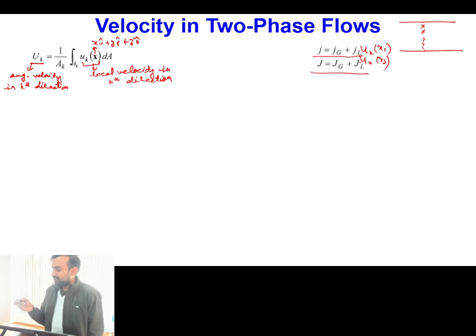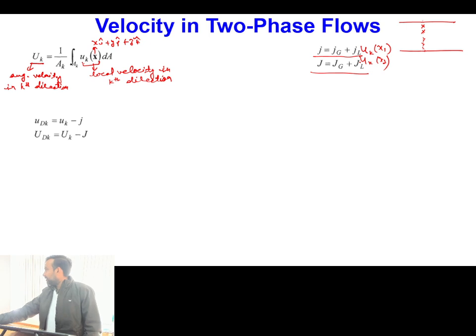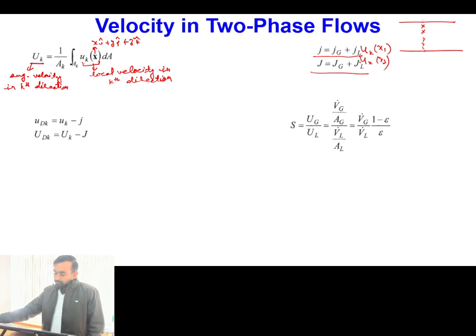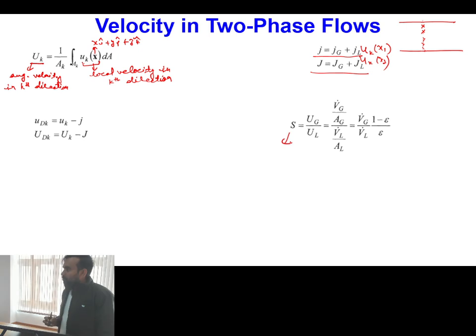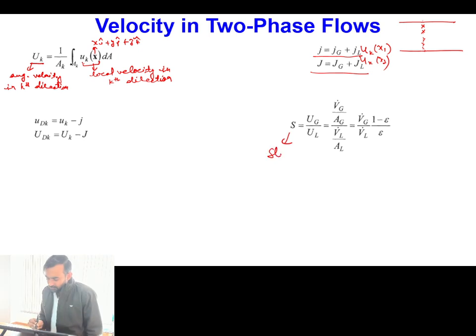This I need not explain. This is nothing but our superficial velocities. This we have also studied already, drift velocity. One more parameter also becomes essential in multi-phase flow measurements, which is called slip ratio or velocity ratio.